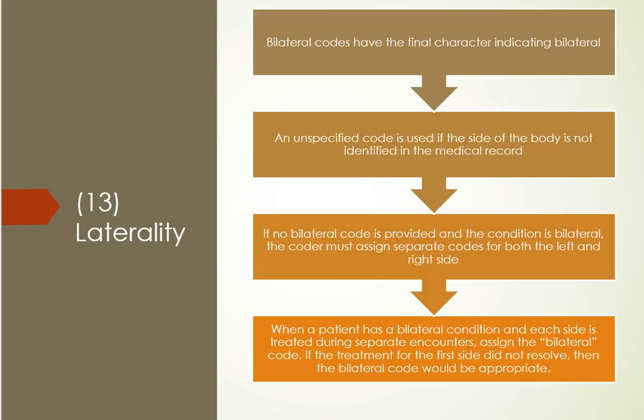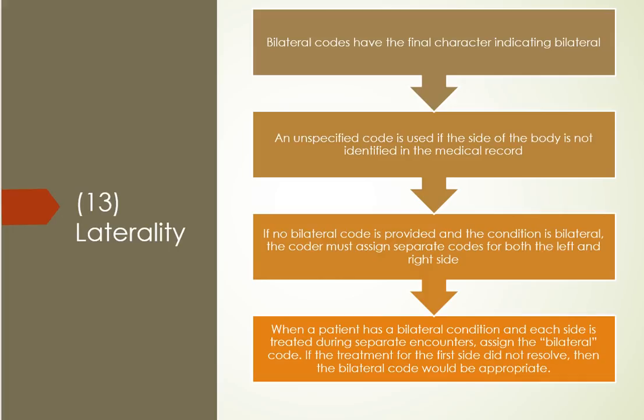Now, when the patient has a bilateral condition and each side is treated during separate encounters, you can assign a bilateral code as long as the condition is present on both sides. Because maybe this visit they focus on the left side, and that visit they focus on the right side, but both sides are still impacted. You can actually assign the bilateral code.